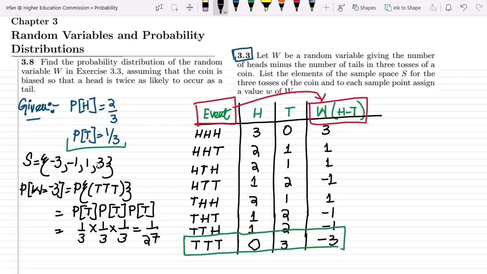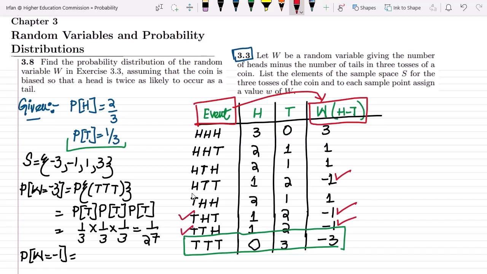Now let me write it for the second one, which is the probability of w equal to -1. What are those events in which w is equal to -1? These events are basically this one, and this one. Let me write their values.